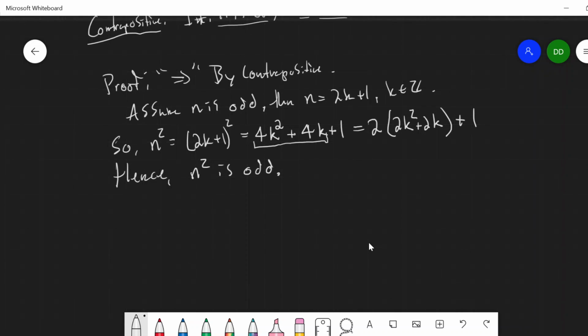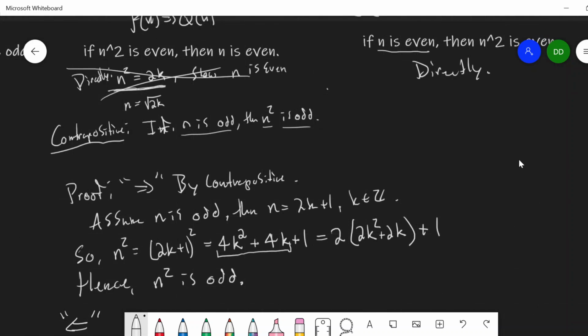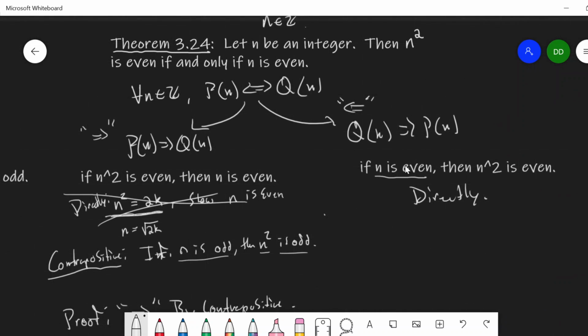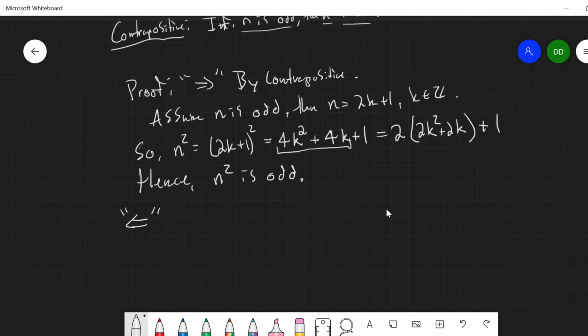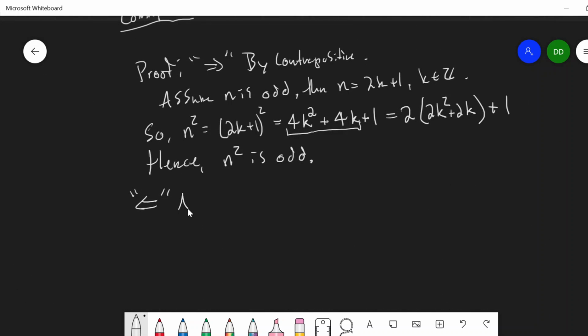All done with that. Let's prove the backwards direction, and we're going to do this one directly. So let's remind ourselves what the backward direction was: if n is even, then n squared is even. So we'll assume n is even, and that means that n is equal to 2k for some integer k.